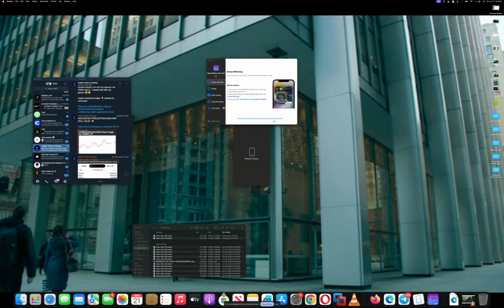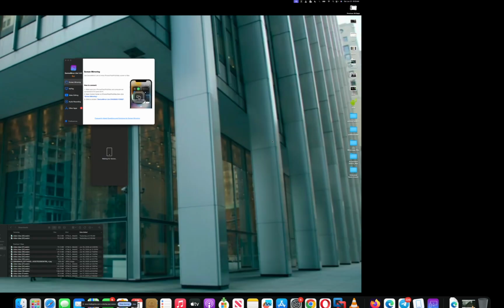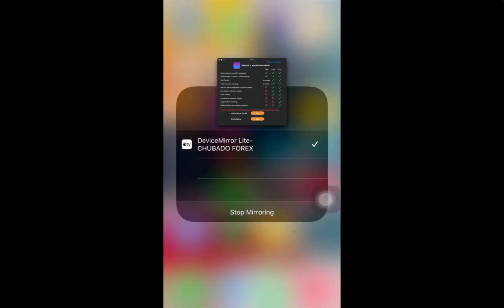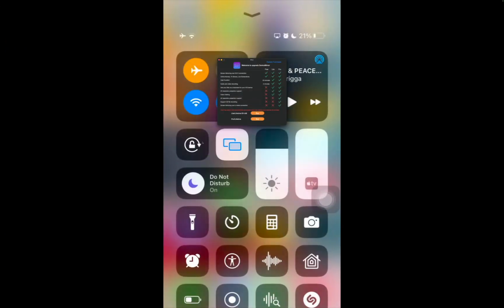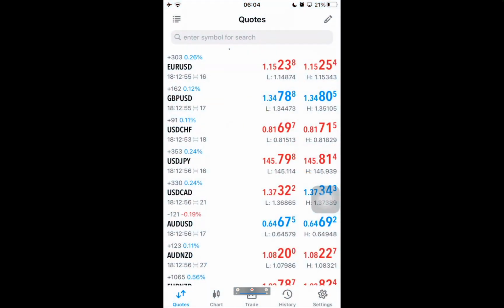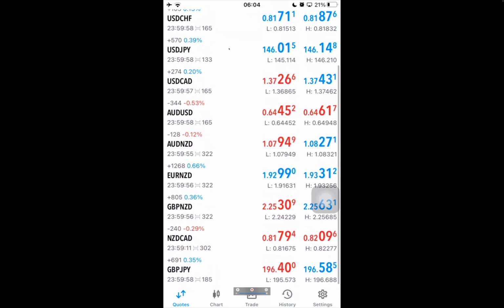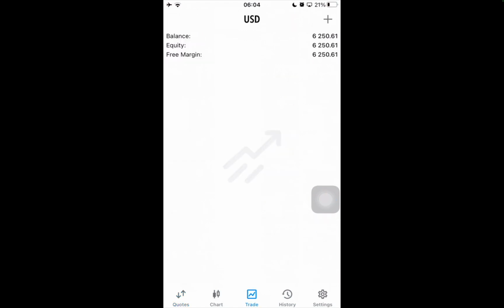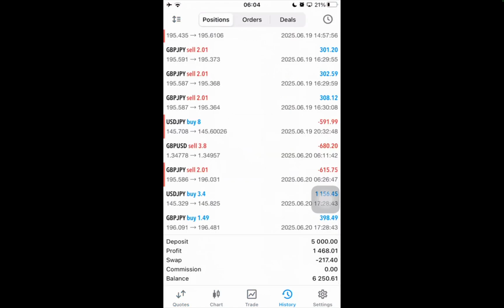Okay, yeah, this is it. If I go to my NT5, then go to GBP USD, yes, this is the trade.